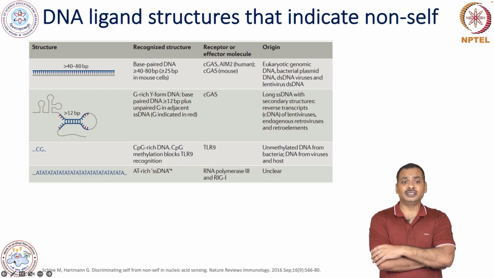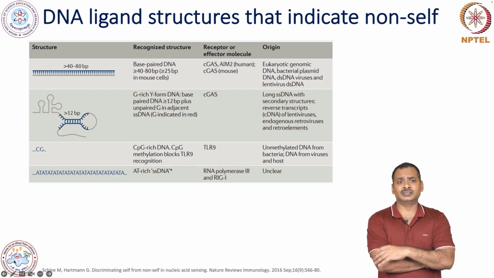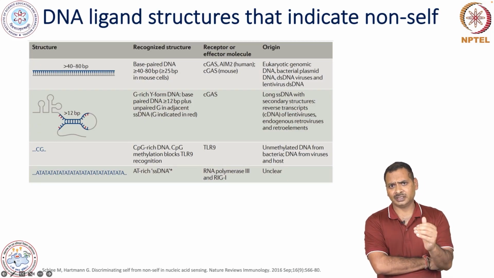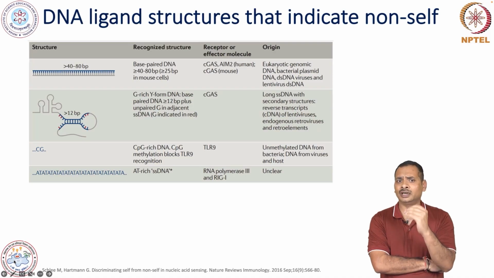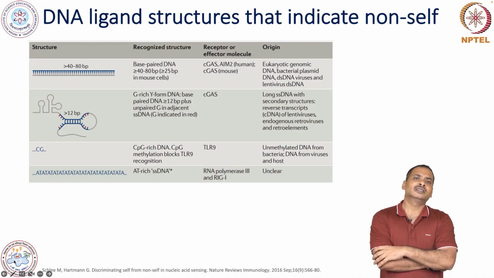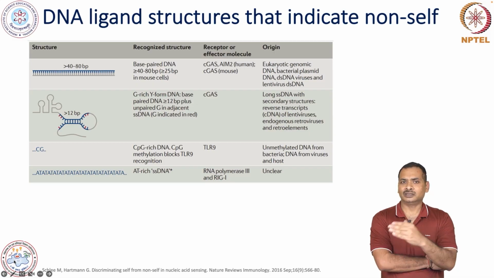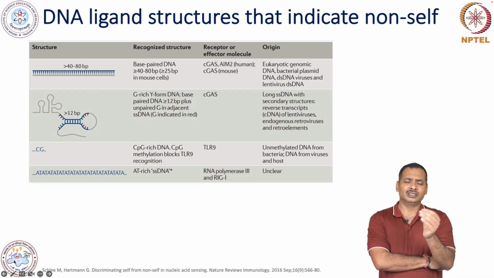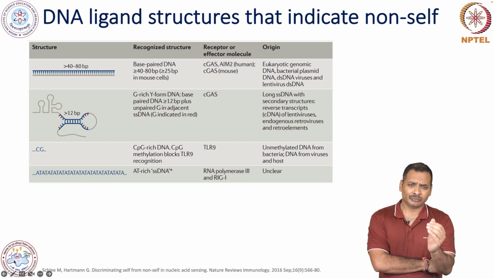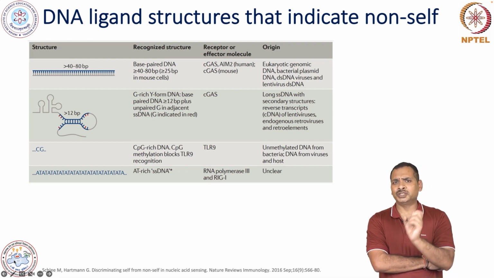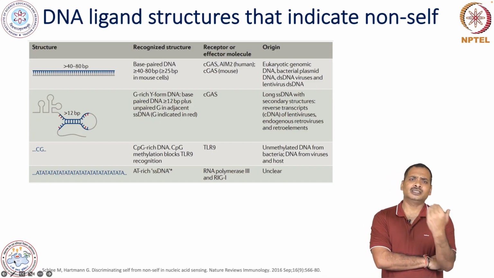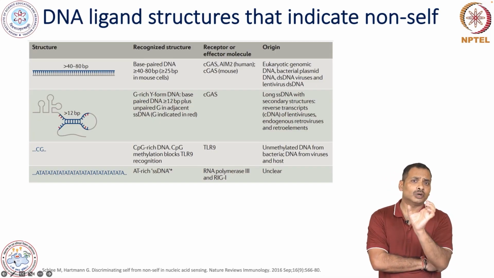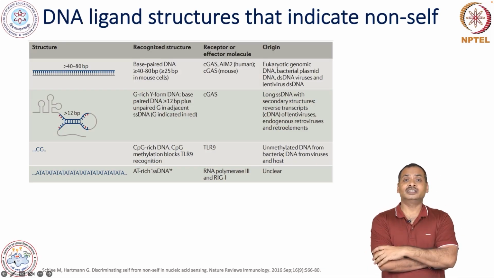AT rich DNA is transcribed into AU rich RNA, and RNA polymerase 3 makes this AU rich stretch of RNA, and this stretch of RNA is sensed by RIG-I, and in that way RNA polymerase 3 indirectly senses the DNA molecule.